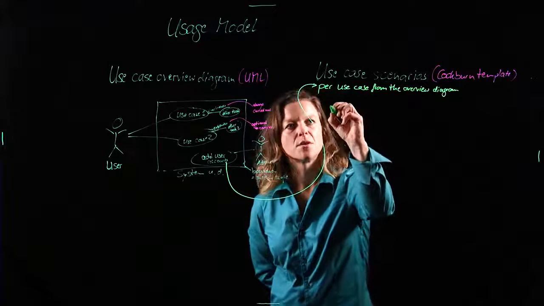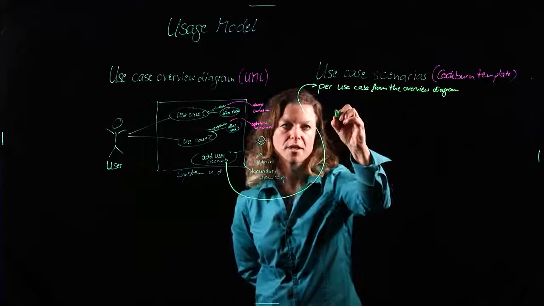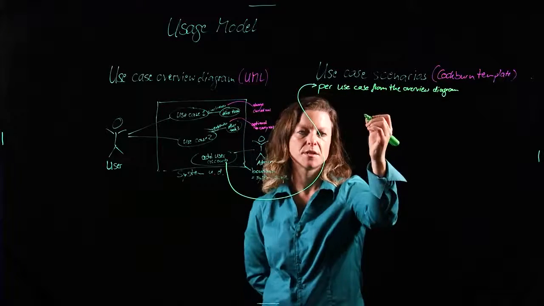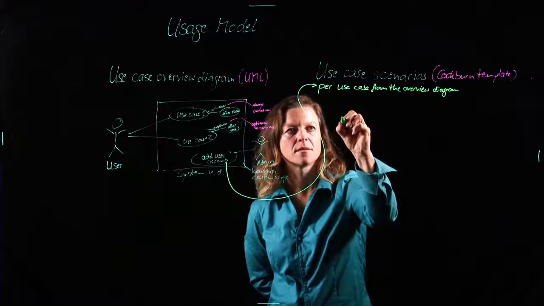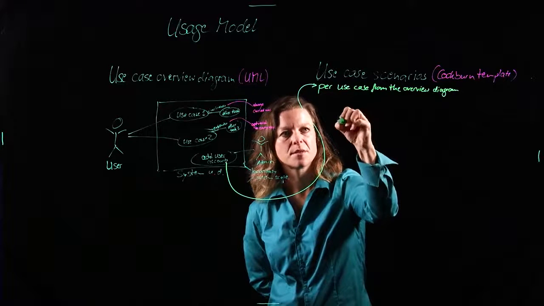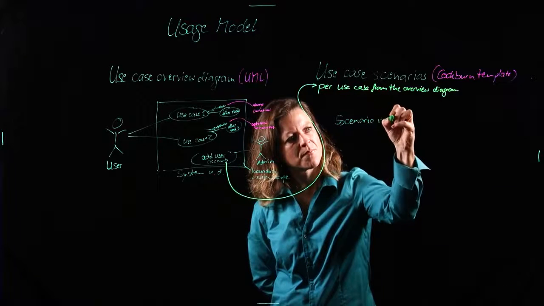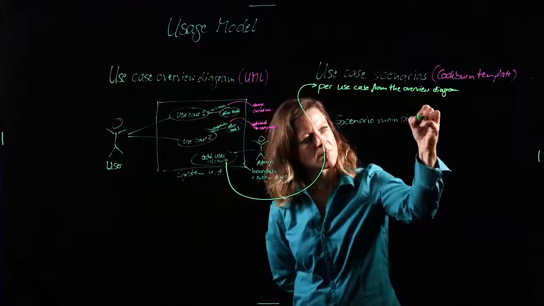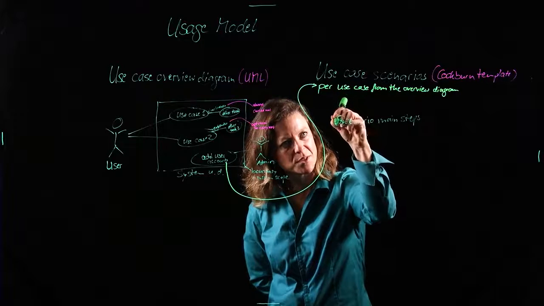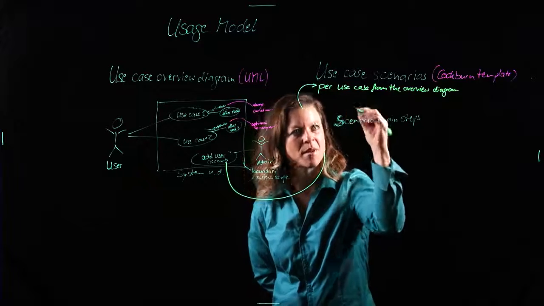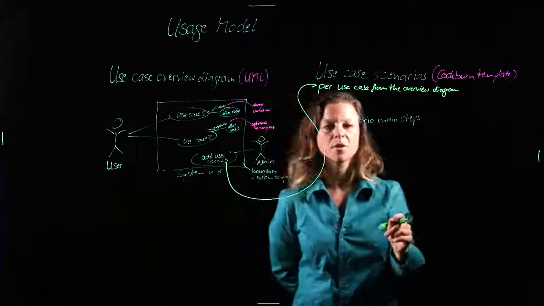And this template is going to specify a couple of meta information items that I'm going to skip for now, but you will find them in the template online. But what it describes in detail is the scenario main steps, this is an S, very clearly so, just so you know. The scenario main steps, and that starts with some kind of trigger.